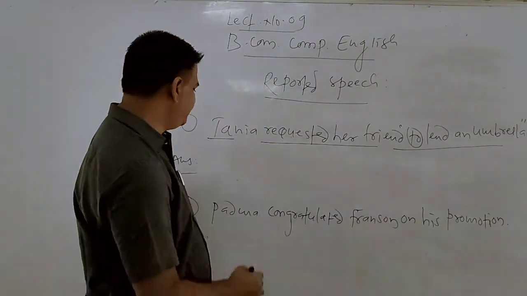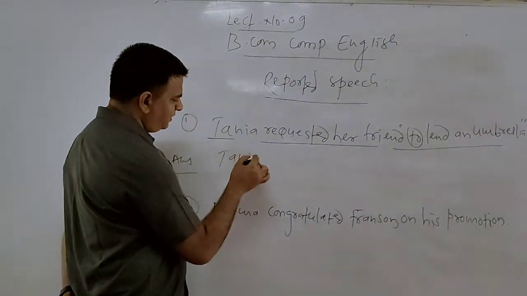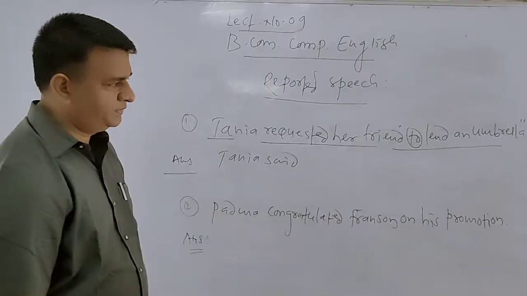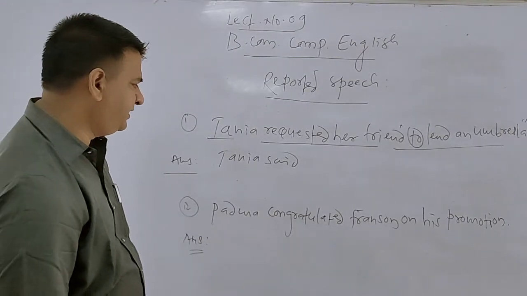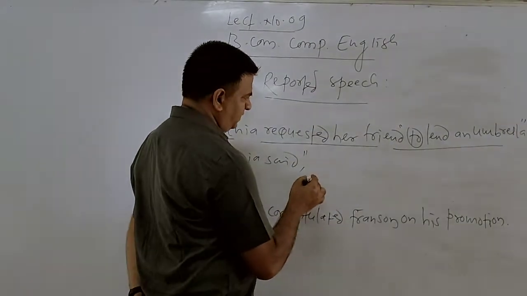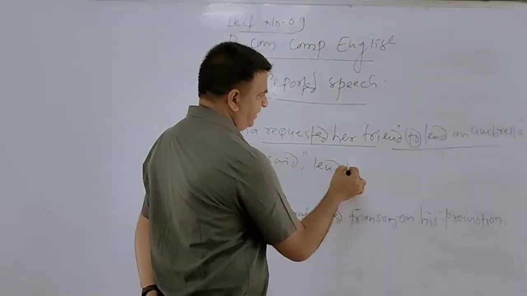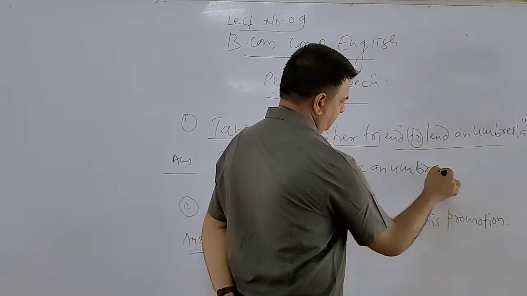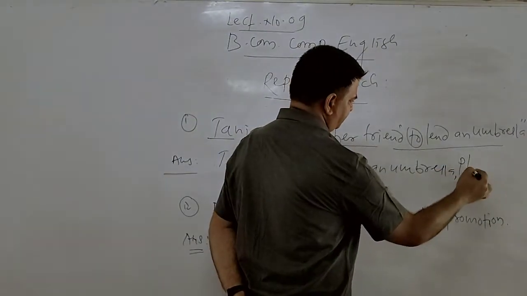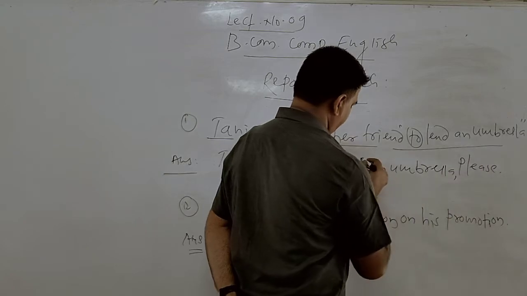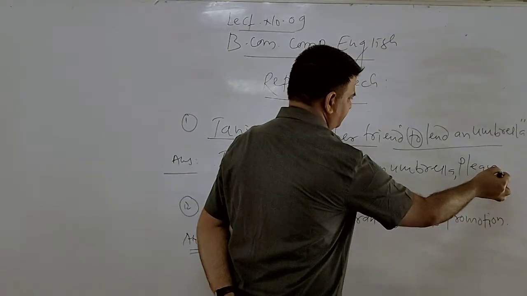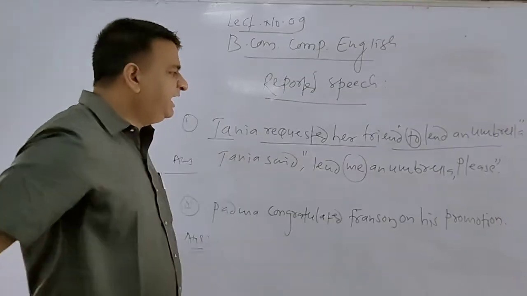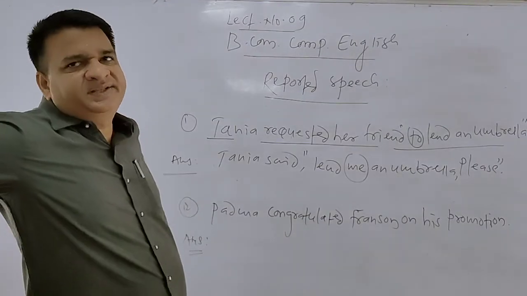Just we simply say, Tanya said, in inverted commas, lend me an umbrella please, or we can remove 'me' also. Tanya said, lend an umbrella please.